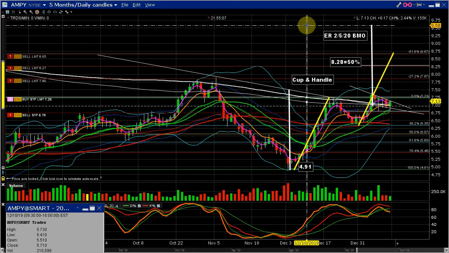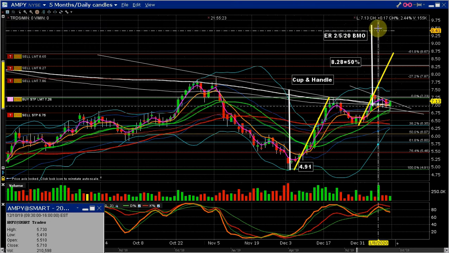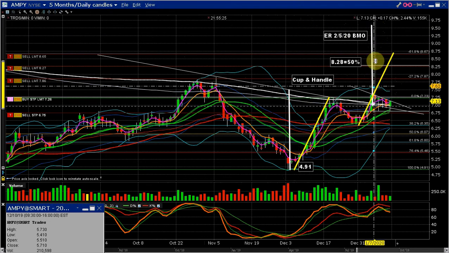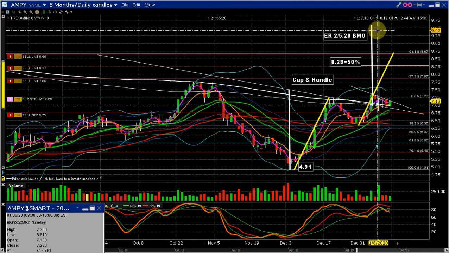However, in my experience, very often, most patterns, the measured move stops at half the measured move. Sometimes it goes the whole way, but very often it'll stop at half. So I'm going to set 50% of the distance of this line as one of my price targets, one of my price objectives.